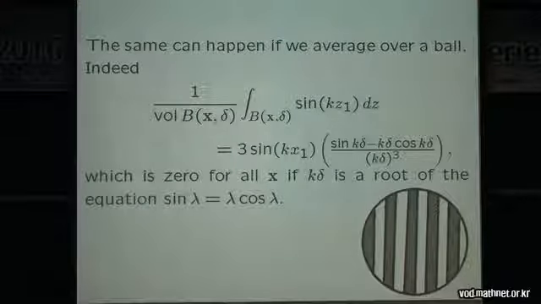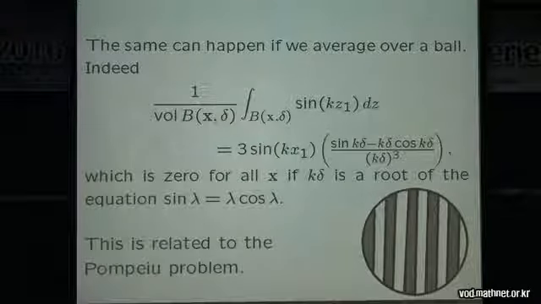So this is related to something which is called the Pompeiu problem. The Pompeiu problem is you have, say, an L infinity function defined on R3, and you take an object, which could be a ball or a cube or parallelepiped or whatever.